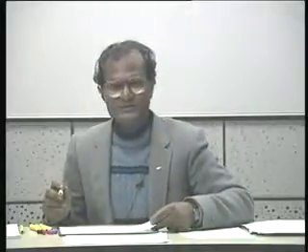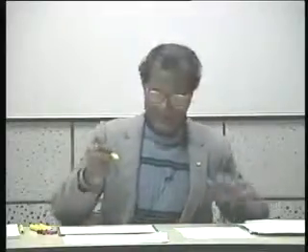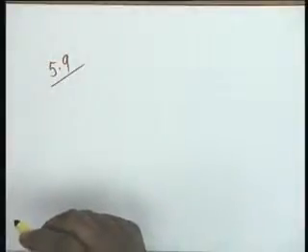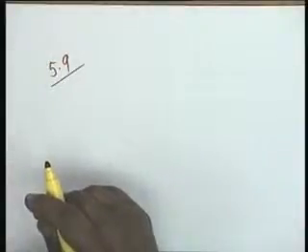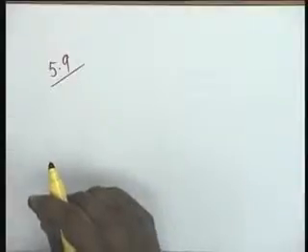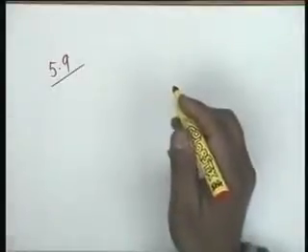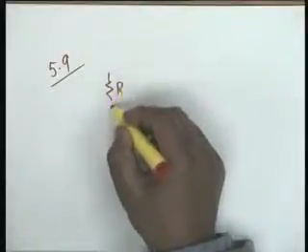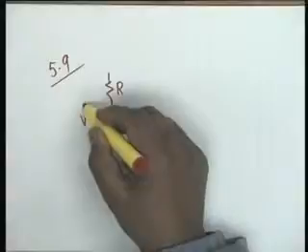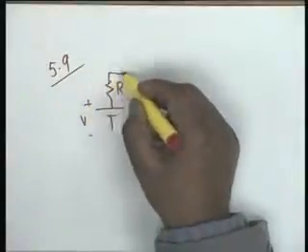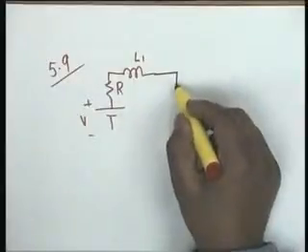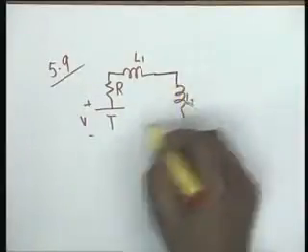Any question on this? Finally, we work out 5.9. 5.9 is also a peculiar problem. 5.9 says that you have a resistance R, a battery V, an inductor L1 and then an inductor L2.